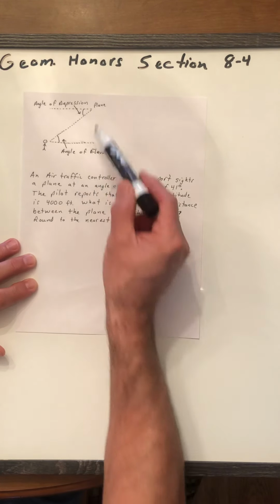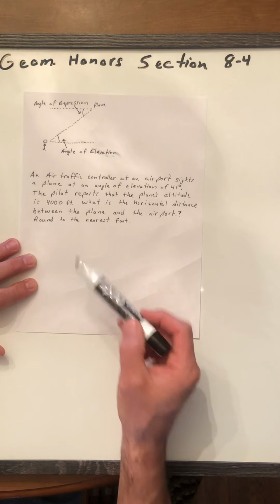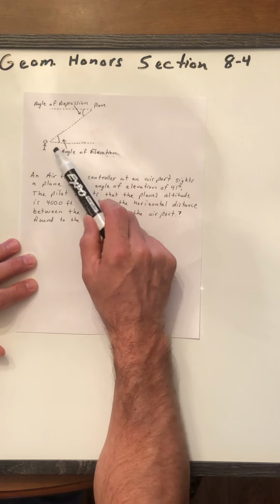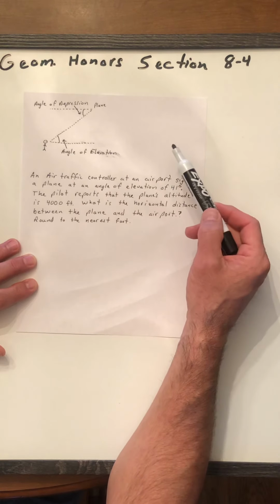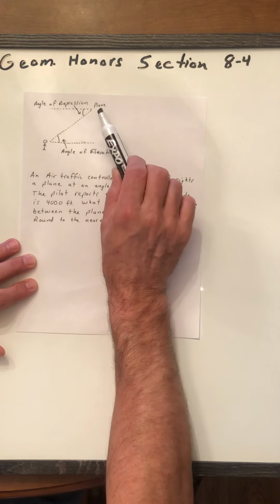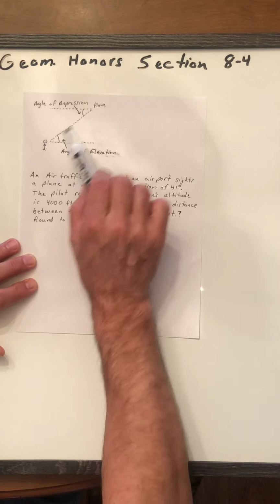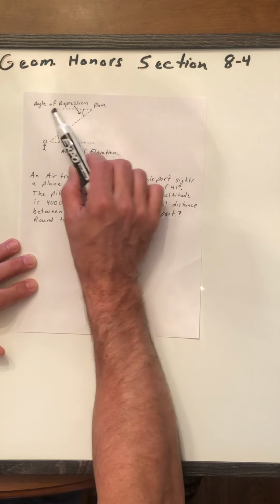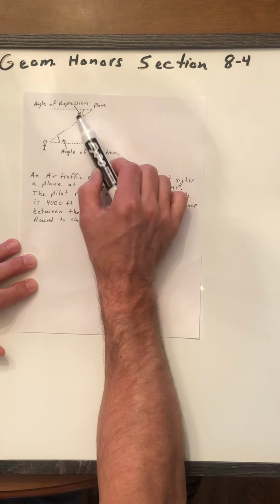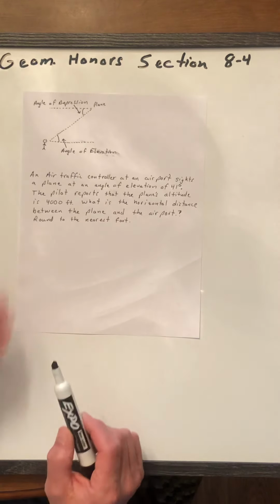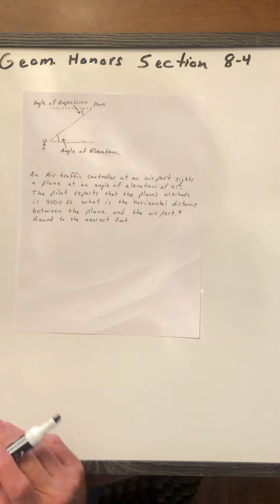Your first type of problems will have you pick out which angles are angles of elevation and which are angles of depression. Always remember, for the angle of elevation, you're down looking up, and the horizontal and looking up forms your angle of elevation. If you're up in the air, the horizontal and looking down forms your angle of depression. And remember, they will be congruent, they will be the same.